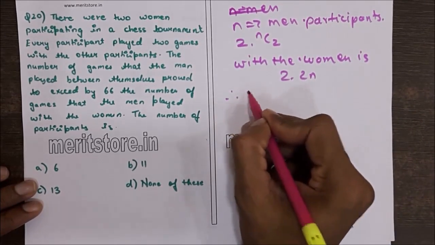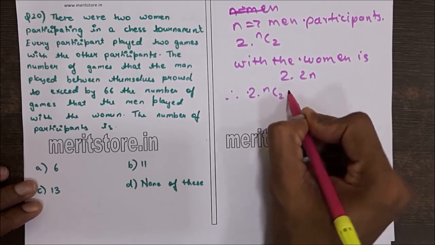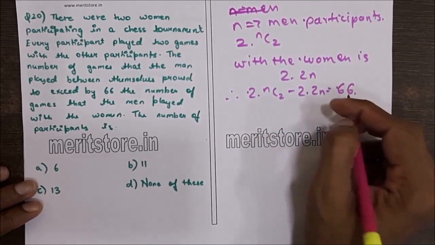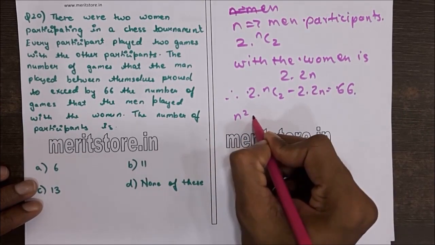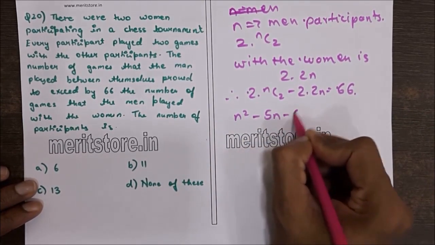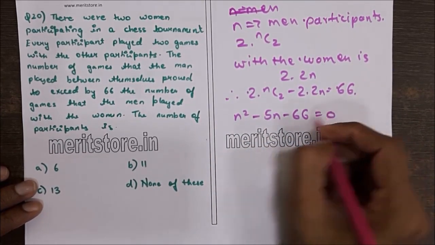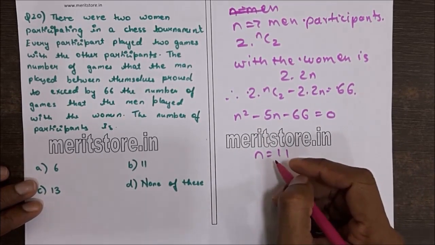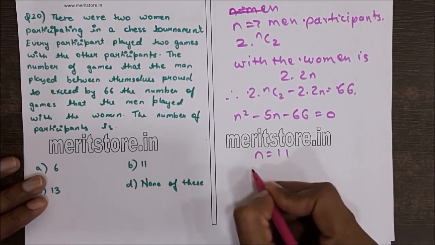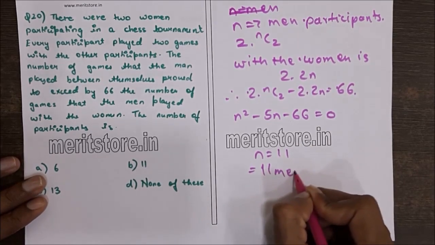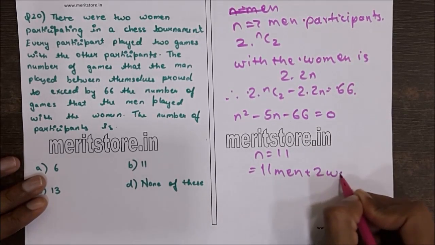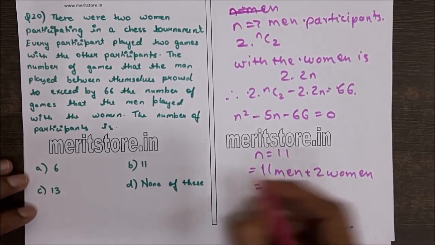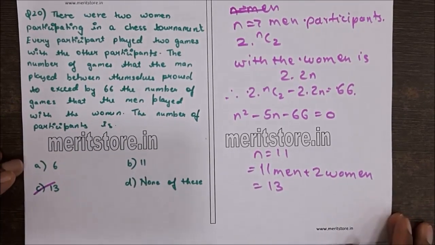Therefore, solving further, we get 2 nC2 minus 2 into 2n is equal to 66. By hypothesis, we can say that n square minus 5n minus 66 equal to 0. Solving this further, we get n is equal to 11. So the number of participants is equal to 11 men plus 2 women, which is equal to 13, which is our option C. Therefore, option C is the correct answer.